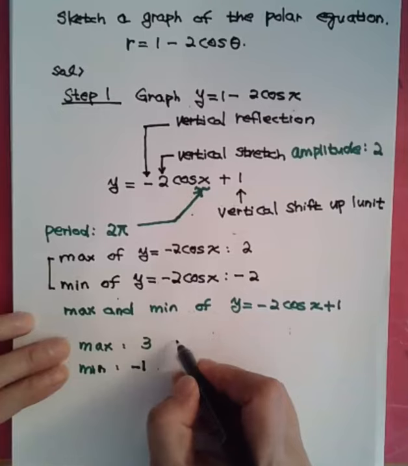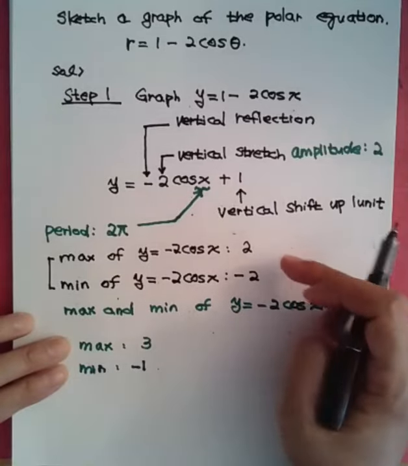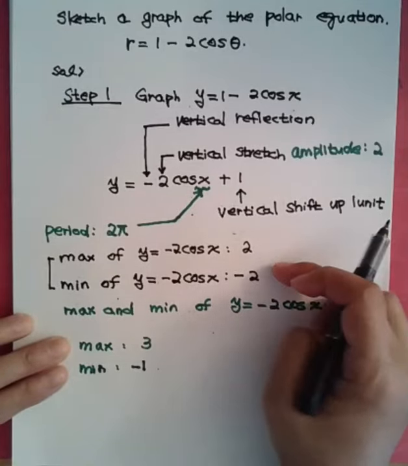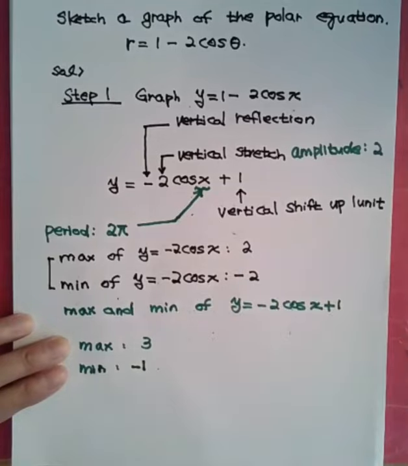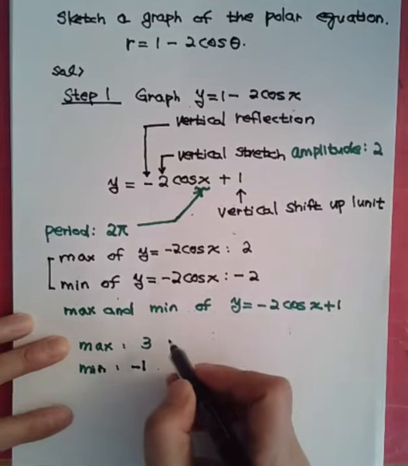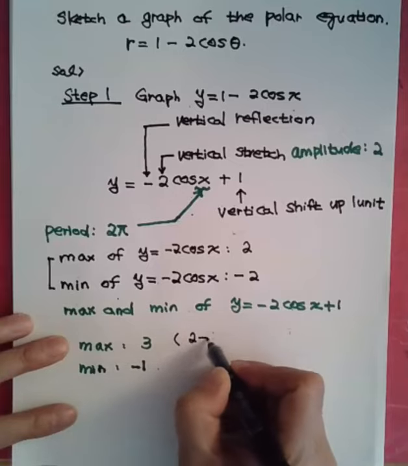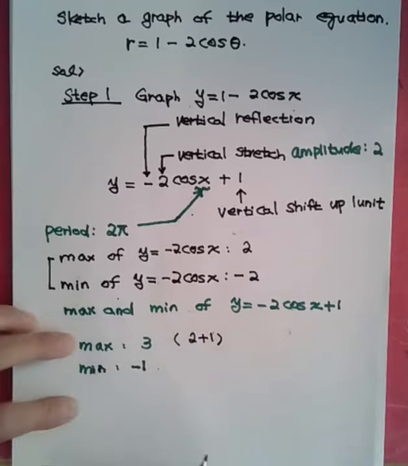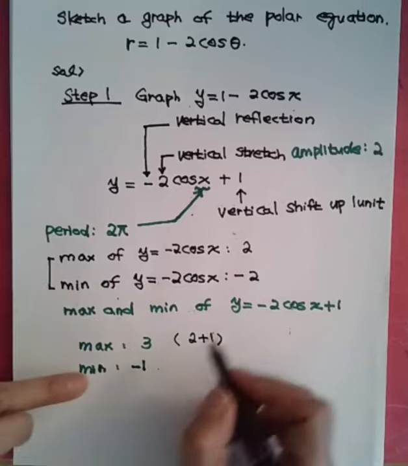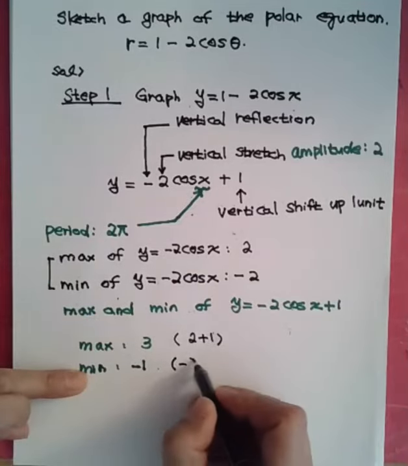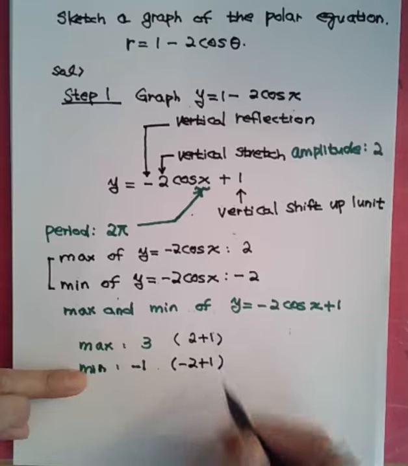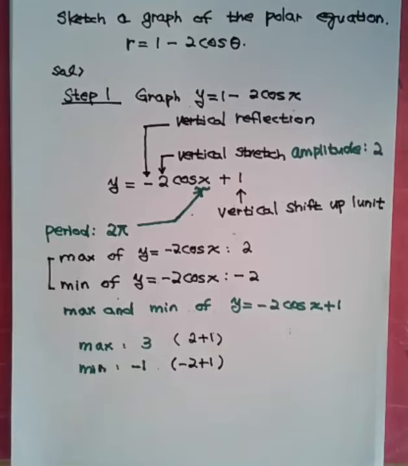Those come from adding 1 to the maximum and minimum of y equals minus 2 cosine of x. So 2 plus 1 gives us 3, and minus 2 plus 1 gives us minus 1.